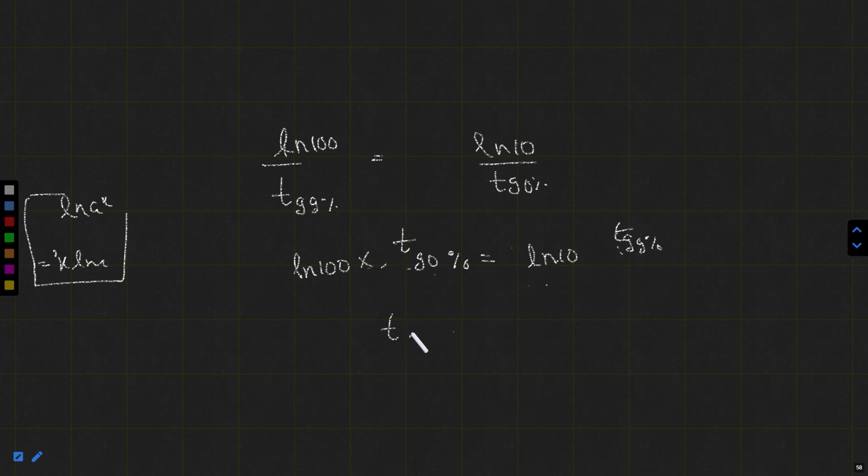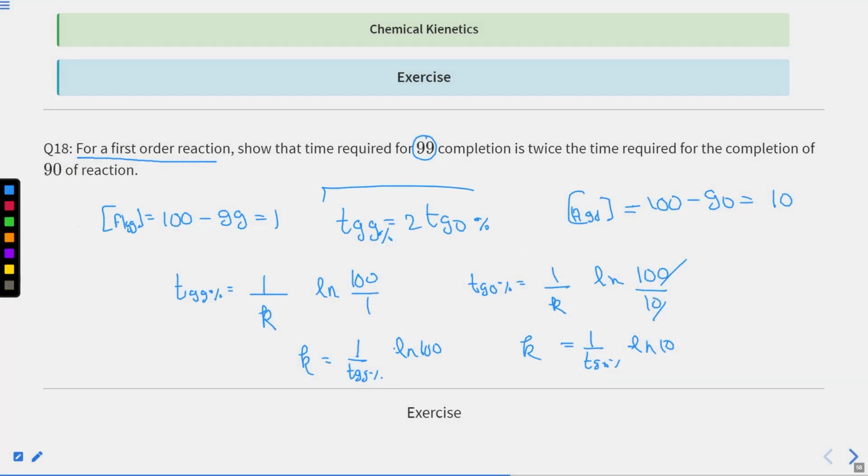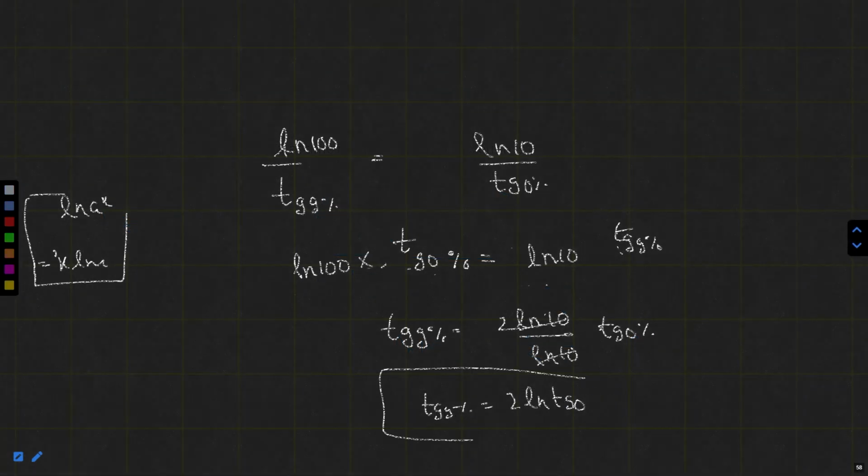T99% will be equals to ln 100 by ln 10 into T90. This would give us, we can write ln 100 as ln 10 raised to the power 2, therefore 2 ln 10. So T99% is equals to 2 T90. So this was asked to prove, so we have proved this.